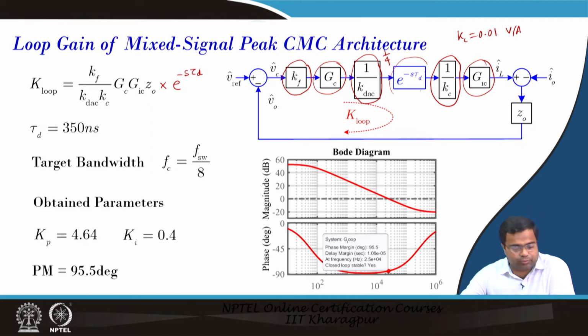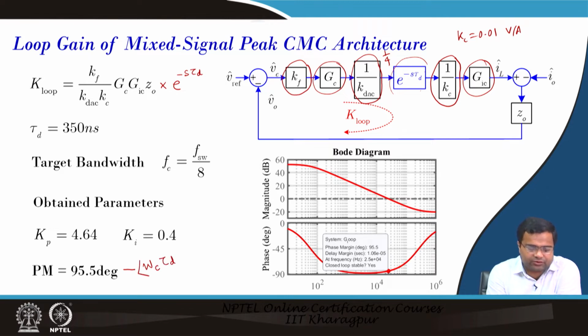Then if we draw the Bode plot, you will get a phase margin slightly less than 95 degrees, because there will be an additional drop due to the crossover frequency times tau d, and that phase will also come in degrees.